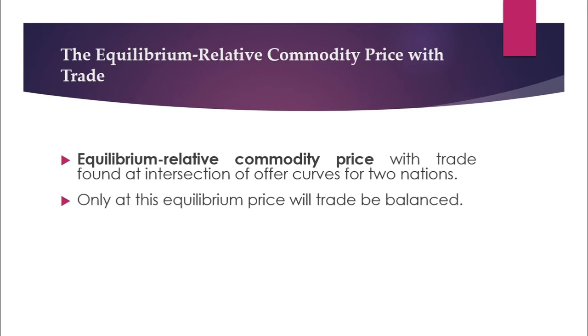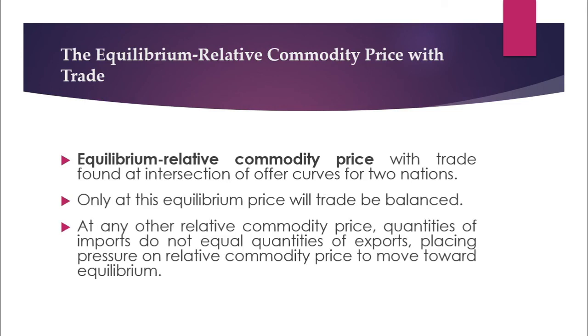The equilibrium relative commodity price with trade is found at the intersection of the offer curves for the two nations, and only at this equilibrium price will trade be balanced. At any other relative commodity price, quantities of imports do not equal quantities of exports, placing pressure on relative commodity prices to move towards equilibrium.